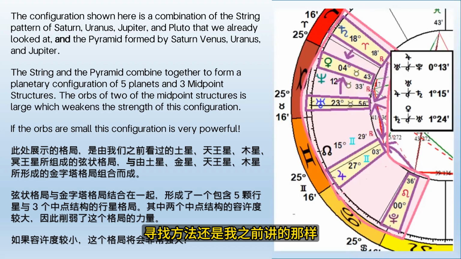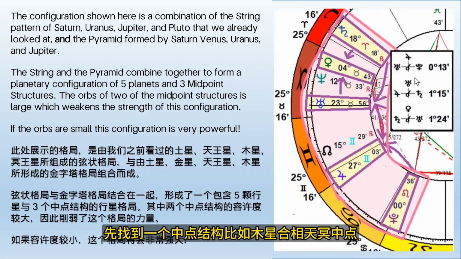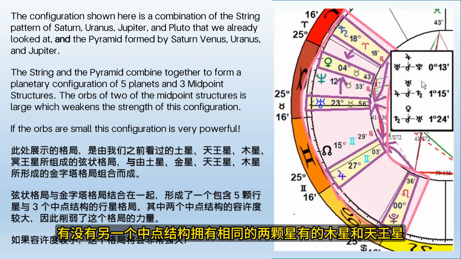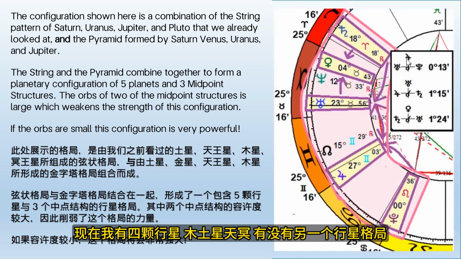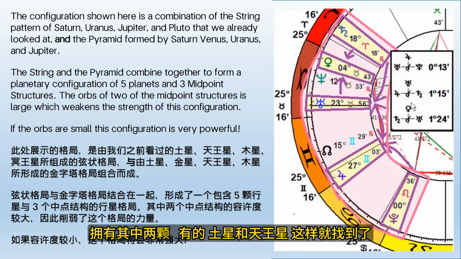And the way you're going to find this, again, is what I said before. You look at a midpoint structure, Jupiter conjunct Uranus, Pluto. Is there another midpoint structure that has 2 of these planets in common? Yes, Jupiter and Uranus. Now, I have 4 planets, Jupiter, Saturn, Uranus, Pluto. Is there another planetary configuration that has 2 of those? And we see Saturn and Uranus, and we have it.